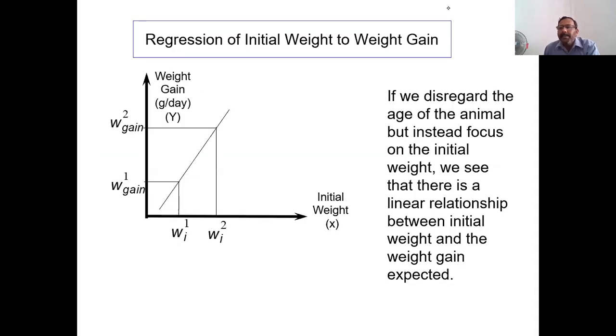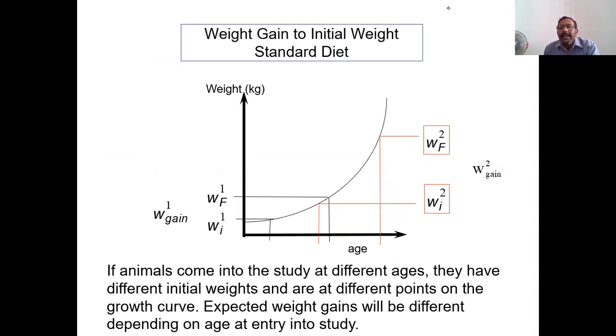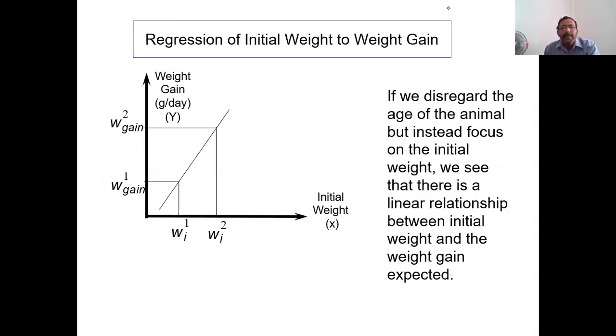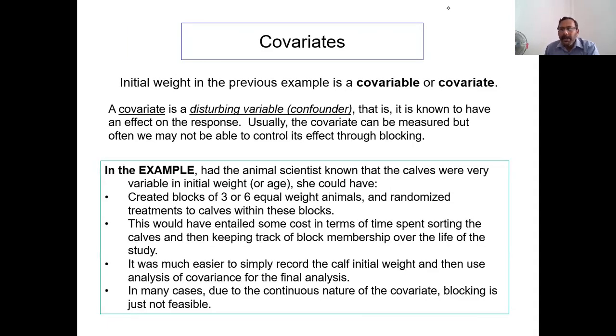Why is initial weight important? Because in this situation, age cannot be considered as the initial consideration, because we are ultimately looking at the weight gain. So this weight gain has a linear relationship with the initial weight, so we are going to take the initial weight as the covariate, right?